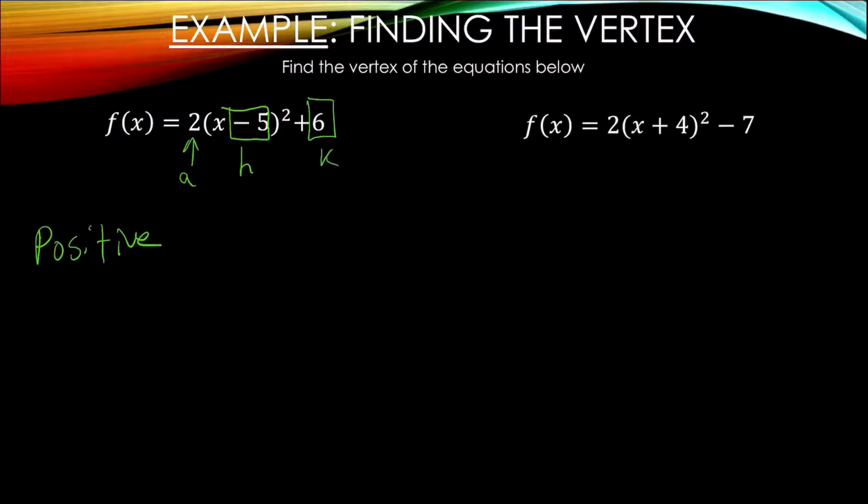My H is negative 5, so that means the vertex is always going to be the opposite, 5, and K is 6. That's my y value. So remember, the H value in my vertex is going to be the opposite of whatever it shows inside. Once we start getting these parentheses and squaring, things get a little bit different. That squared changes a lot of things, so that's why it switches to positive.